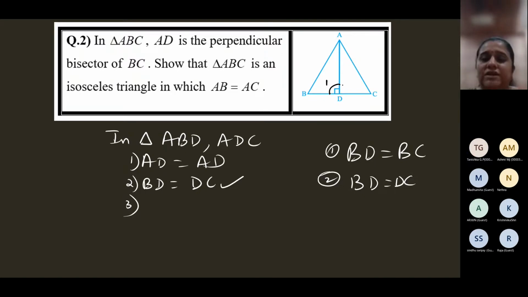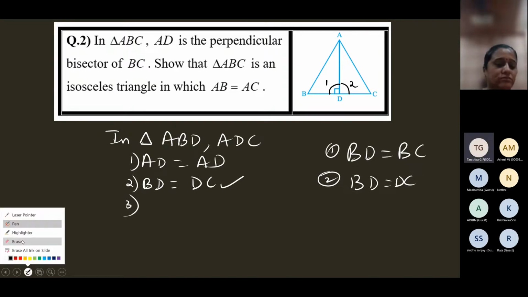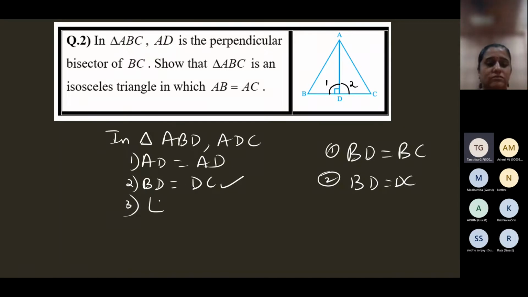ADC, ma'am. Okay. This is angle 2. Angle 1 is equal to angle 2, which is 90 degrees.